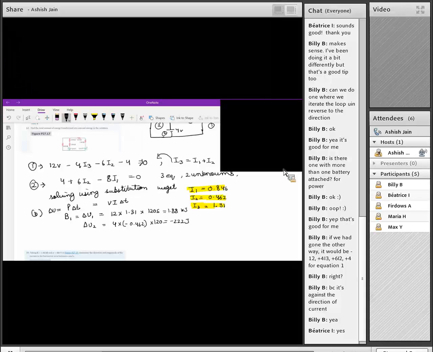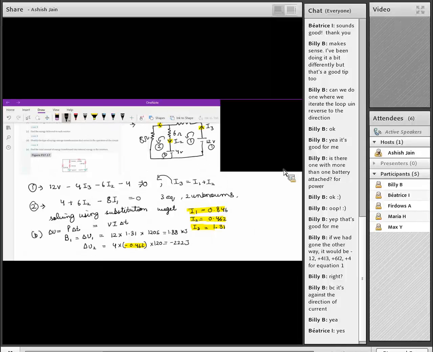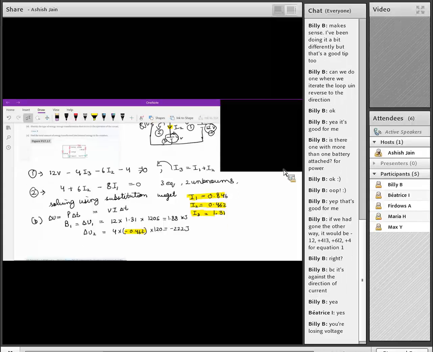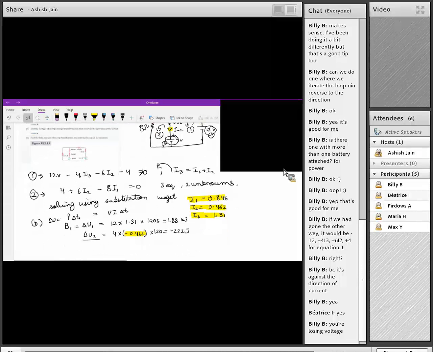You should be asking why I consider this to be negative, right? That's a question. Again, as you see, I2 is going into the battery. That means battery number 2 is being charged by battery number 1. That means, for the energy delivered by each battery, battery number 1 is delivering some energy, but battery number 2 is gaining energy. That's why it's negative.